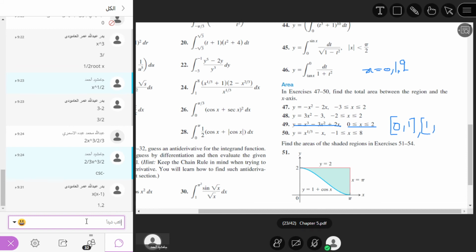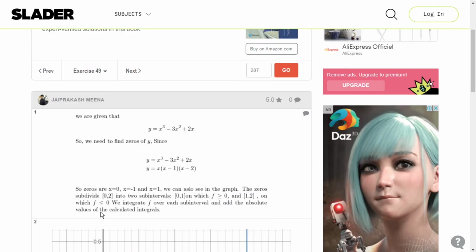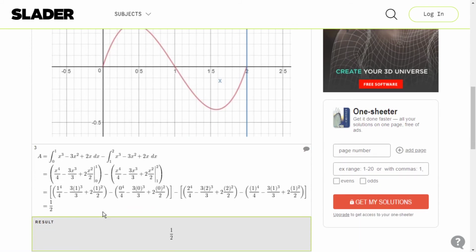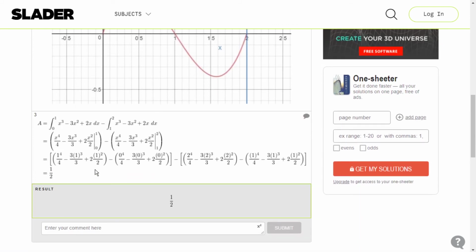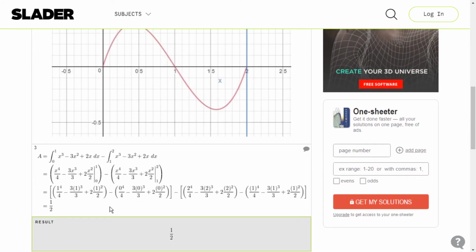Yes, you are correct, Badr. Whenever we have to find the area, we will find the definite integral of the function. The integral will become x to the power 4 divided by 4 minus x to the power 3 plus x square.